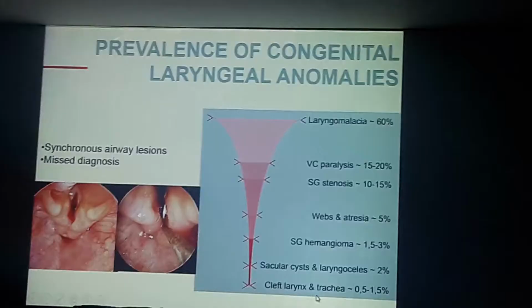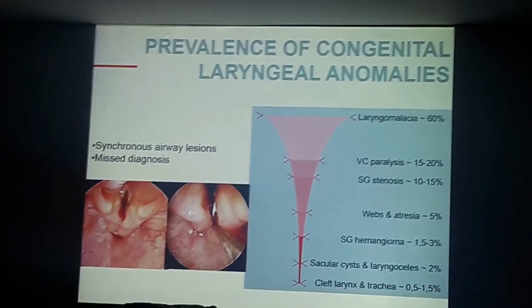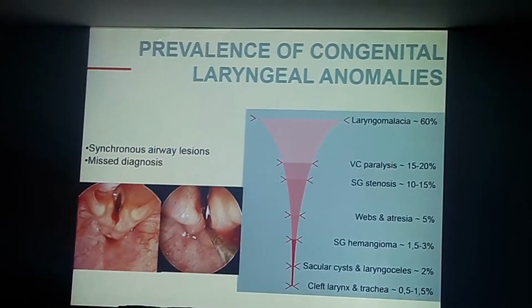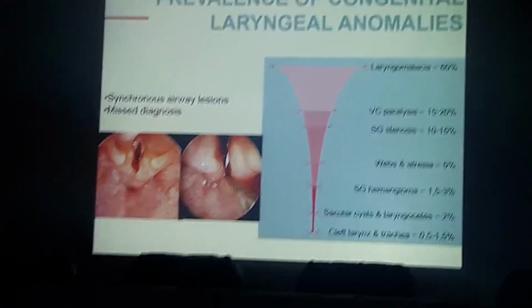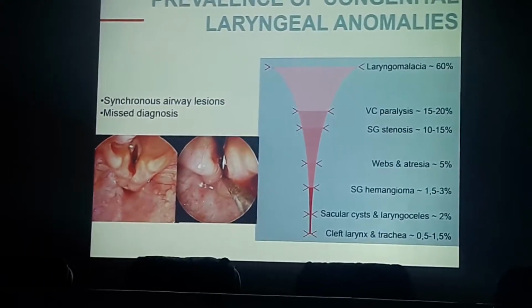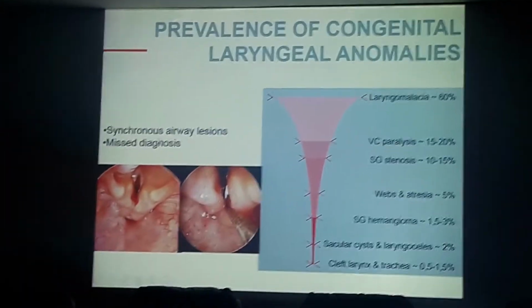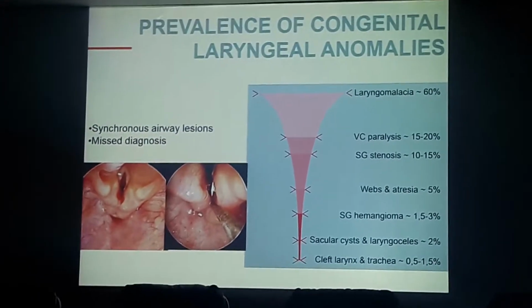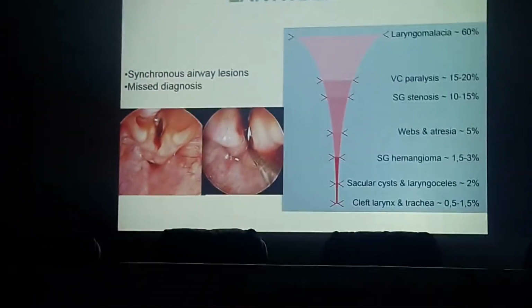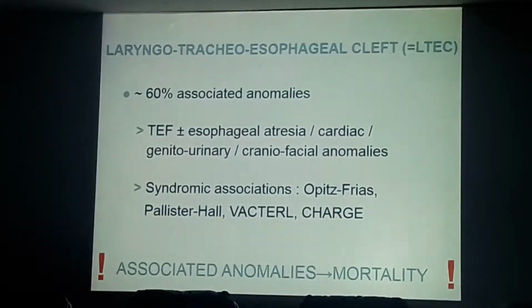Cleft larynx in the trachea has an incidence of about 0.5 to 1.5%, but in the latest publications the incidence has gone up to almost 8 or 9%. That means a lot is missed, and there is a lot of misdiagnosis of laryngeal clefts. Today we have good instruments to expose the interarytenoid area and diagnose the cleft.